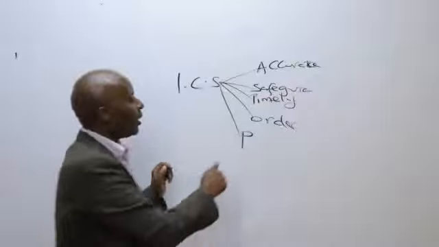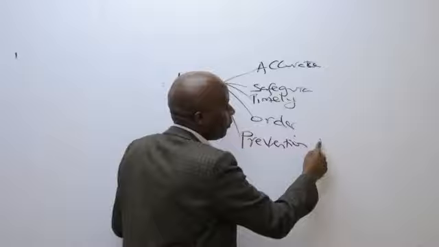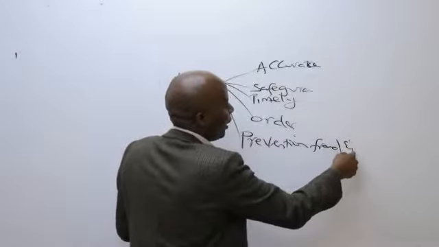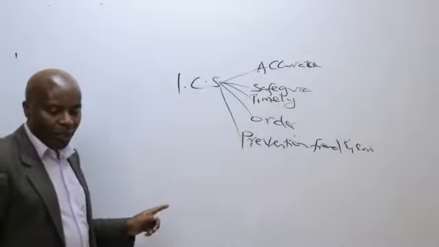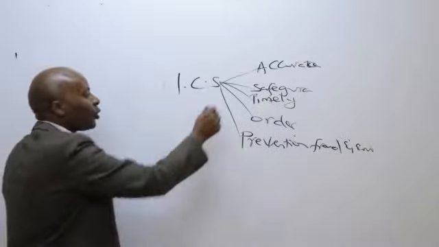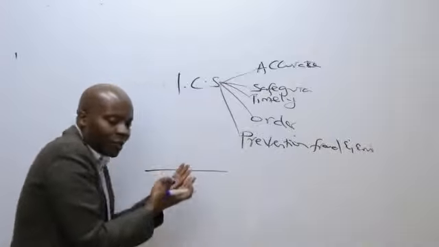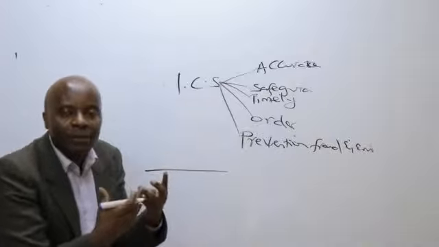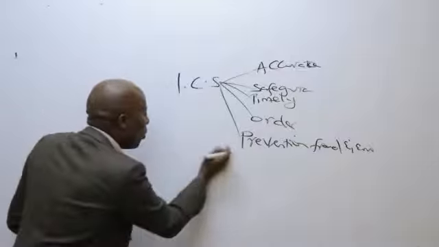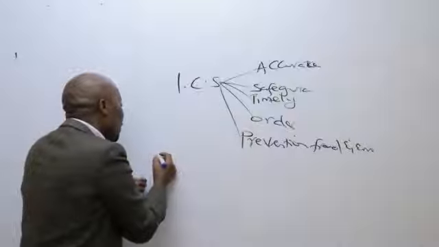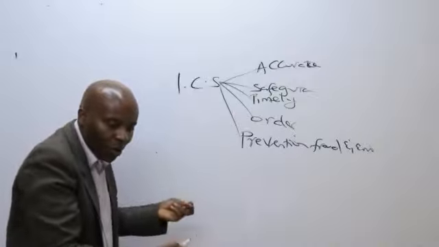Ladies and gentlemen, if the controls will be able to help us prevent fraud and error. Fraud and error. Now, ladies and gentlemen, if the internal controls are meeting these 5 objectives, then as an auditor, I will do very little work because the internal controls are strong. So if they are strong, number 1, I will not really do a lot of work auditing.